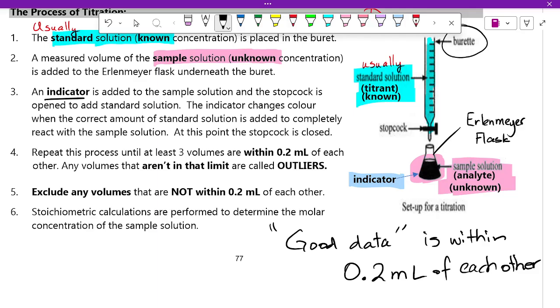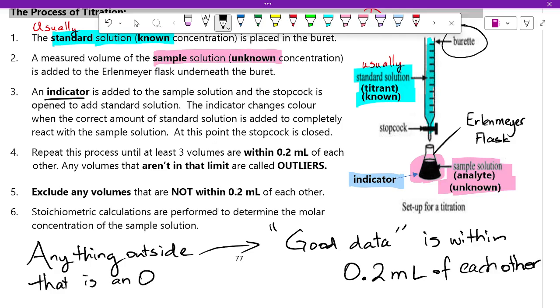Okay, anything outside of that is an outlier. And when you have an outlier, you omit it from your calculations.